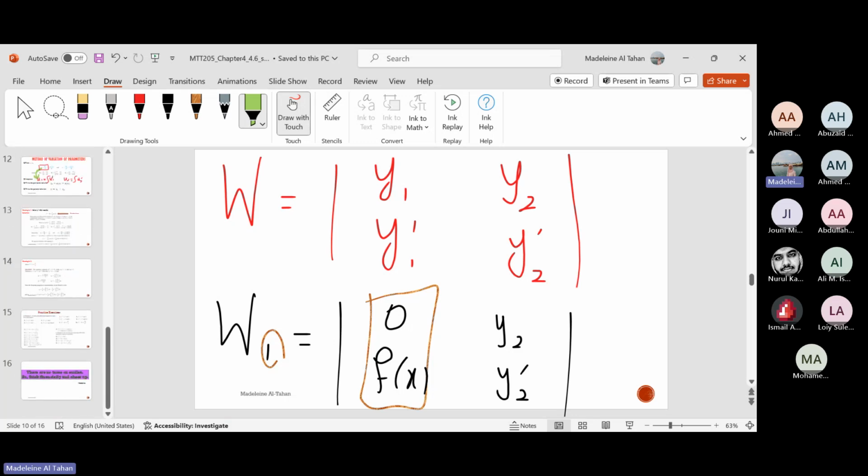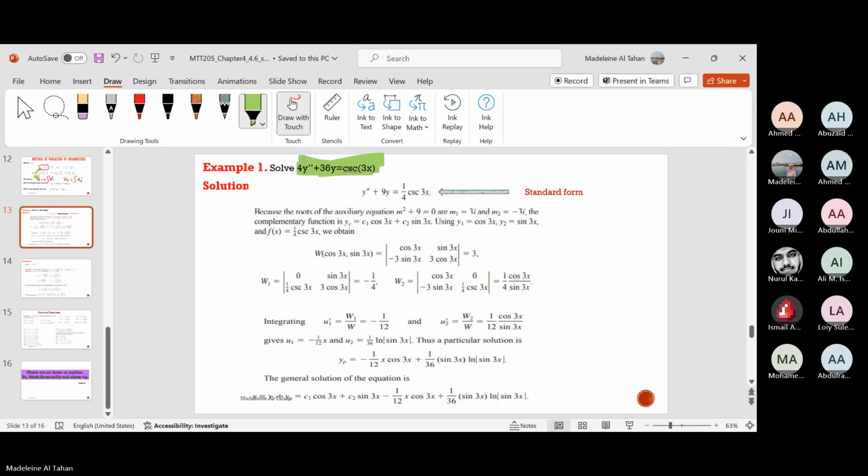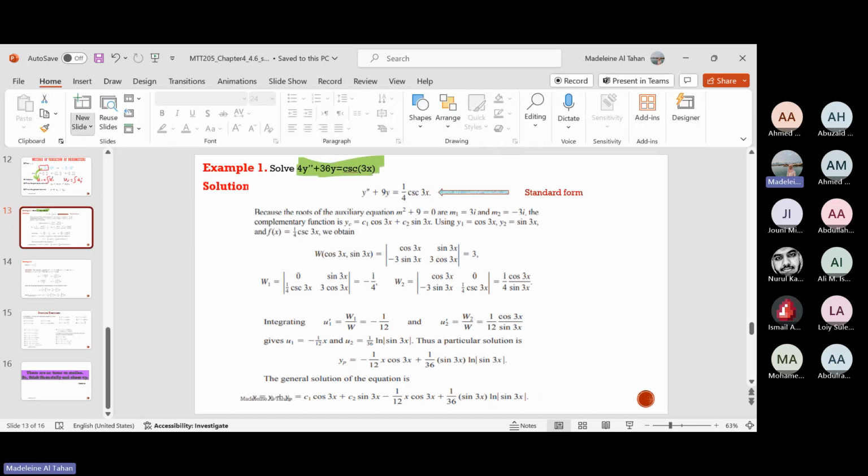Okay, let's look at this example. What I need from you is just to copy this one and we will solve it in detail. For y double prime, let me just write it.